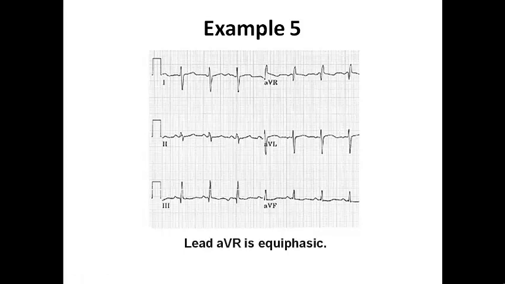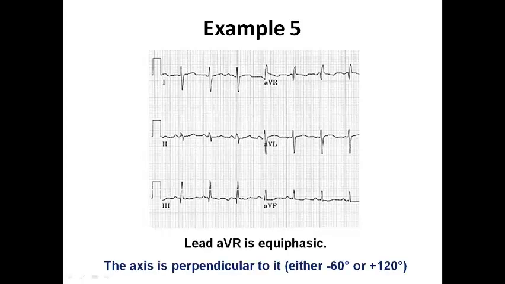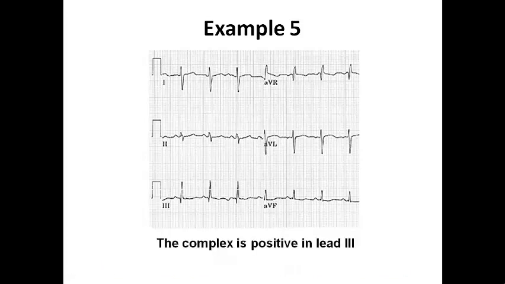Here in this example, lead AVR, as we mentioned, is equiphasic. So the axis is perpendicular, between minus 60 or plus 120 degrees. And as in the last example, the complex is positive in lead 3, and this we can consider as the tallest R wave. So as we mentioned, the axis is plus 120 degrees.